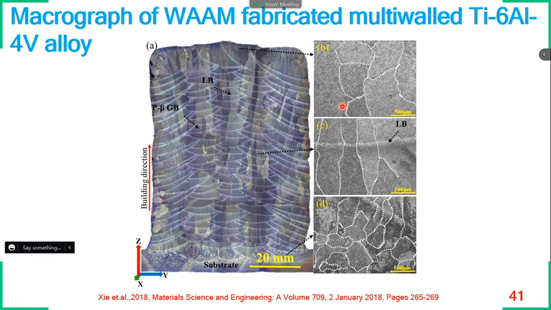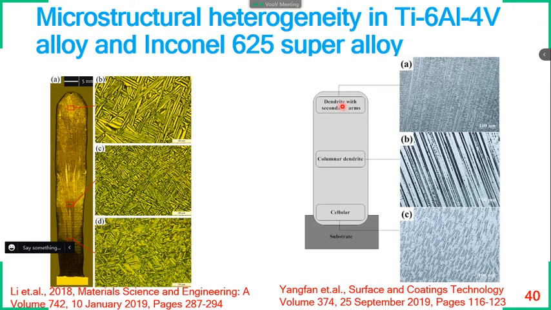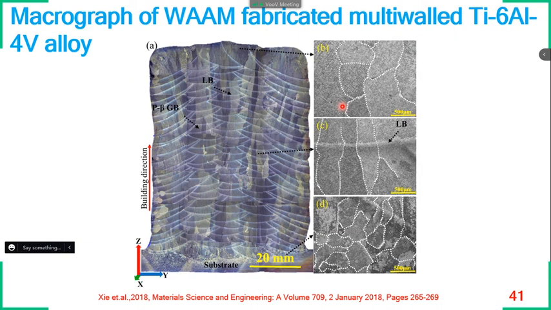As far as multi-wall WAAM fabrication is concerned, so far we have seen only single layer, single wall additive manufacturing. In multi-wall additive manufacturing, we can also see a lot of dilution, and the microstructural heterogeneities were at their maximum. The top layer was coarser, the middle layer was even coarser, and the bottommost layer had some fine recrystallized grains. Why?